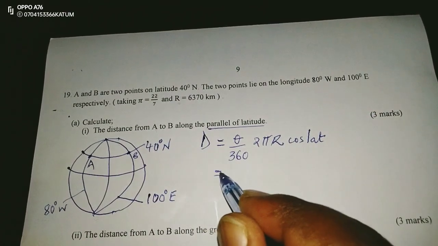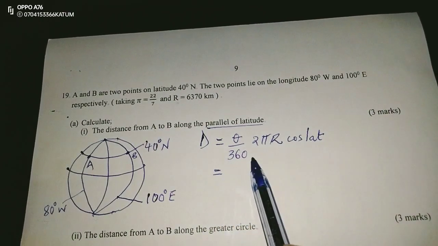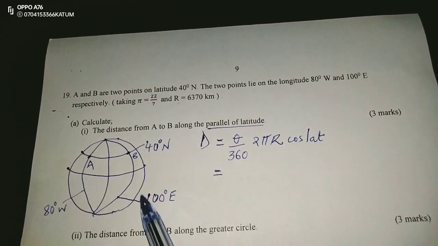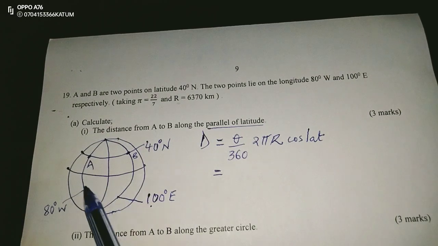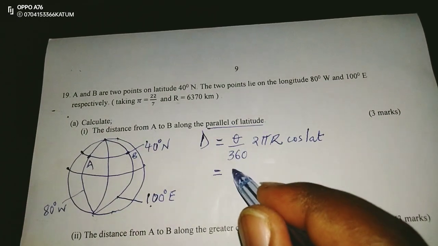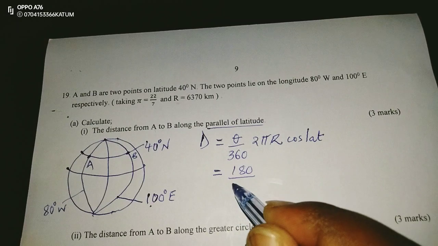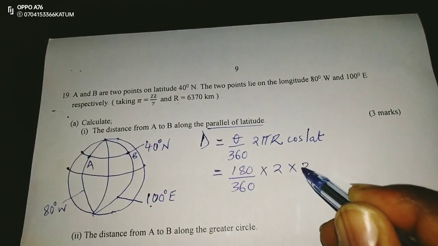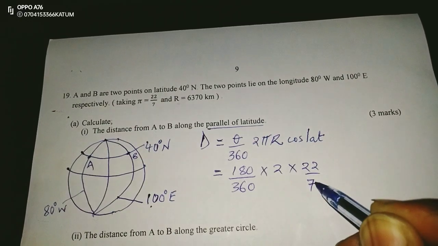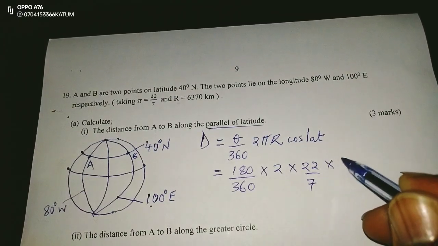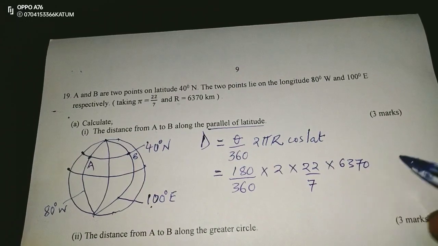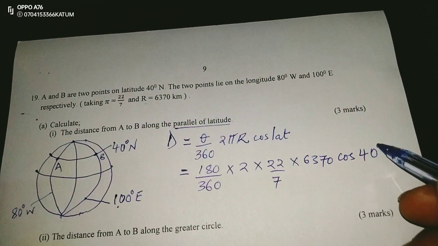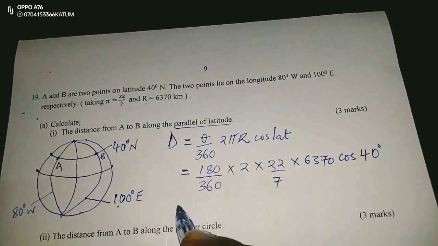Beta is the longitude difference, from 80 in the west to 100 in the east, an angle difference of 180. So 180 out of 360 multiplied by 2 multiplied by 22 out of 7, this is our pi, multiplied by 6370, then cosine of the latitude, which is 40 degrees in this case.